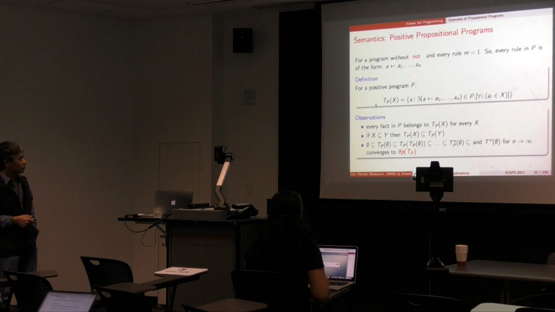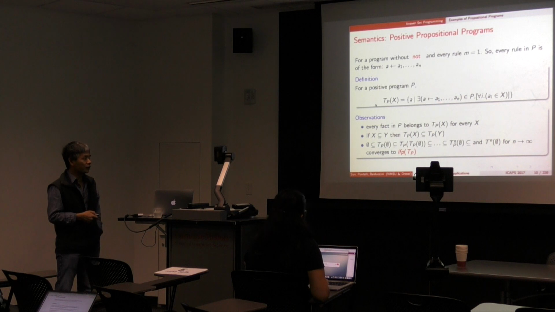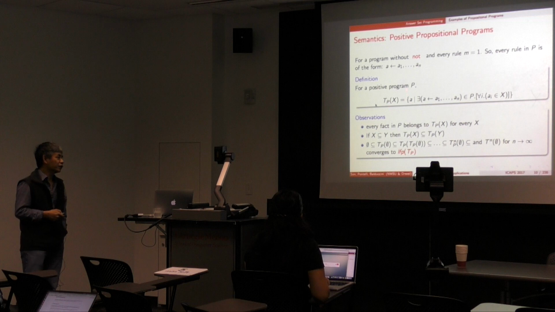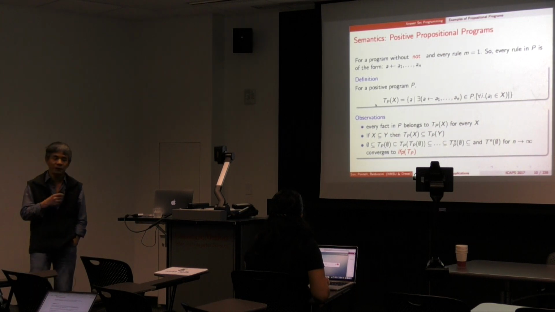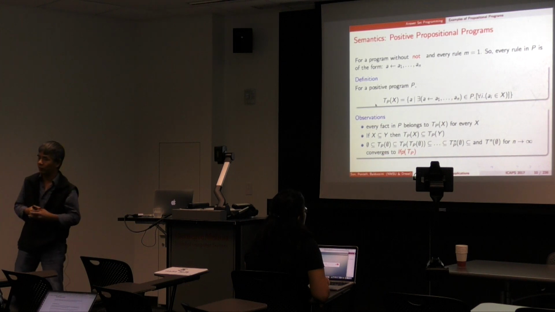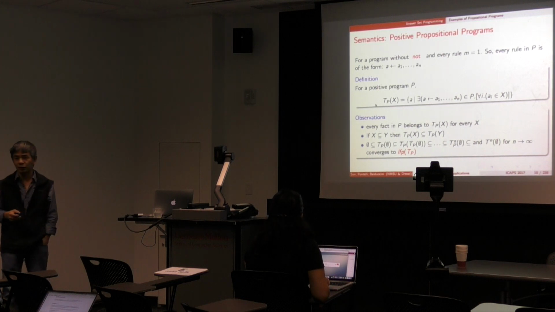That is, if we are given a set of atoms X, then we will conclude all the A such that the body belongs to this set. Of course, every fact of the program would belong to this, and it is a monotonic operator, so we can converge to a fixed point, and this is the fixed point that we're going to define.